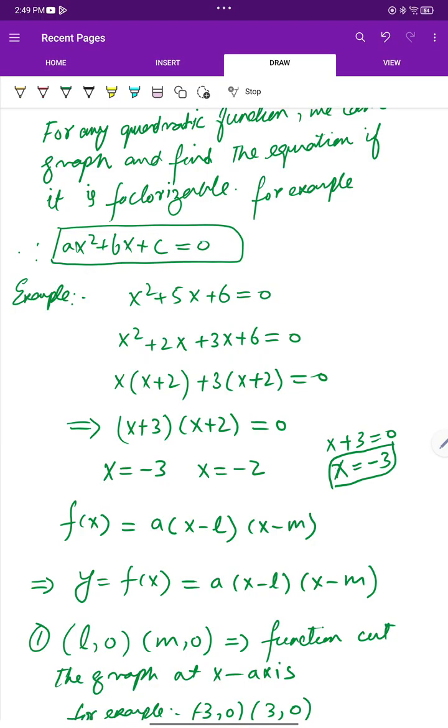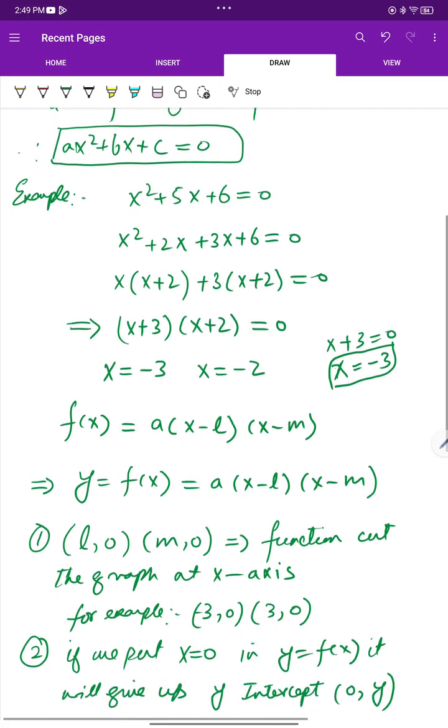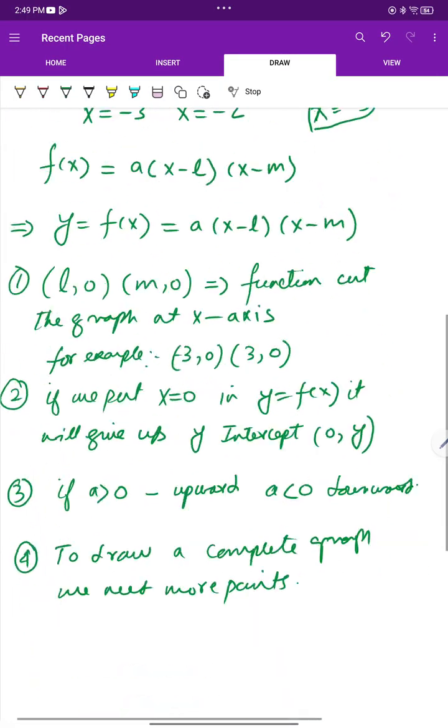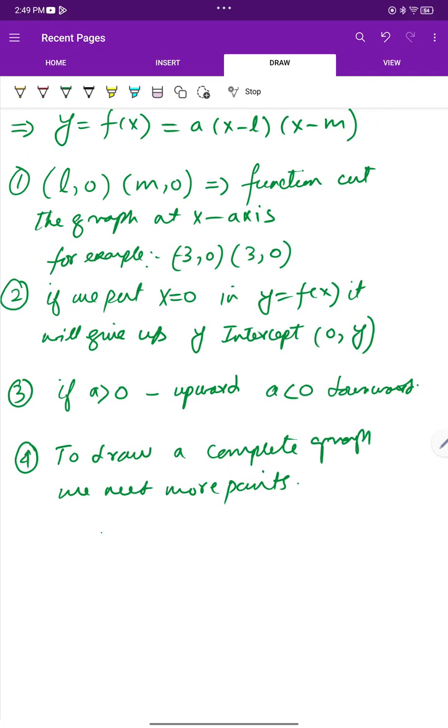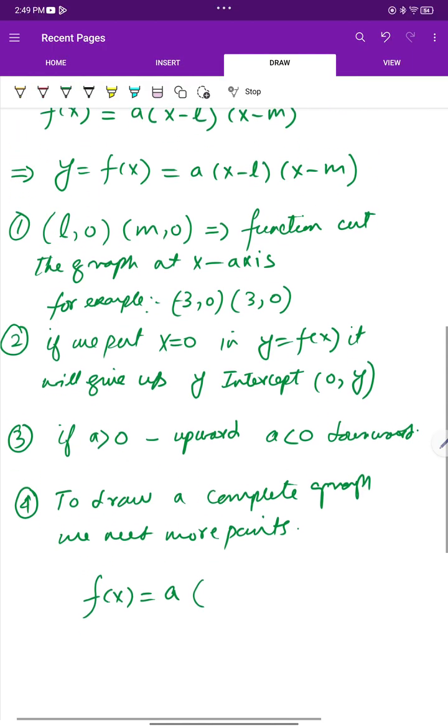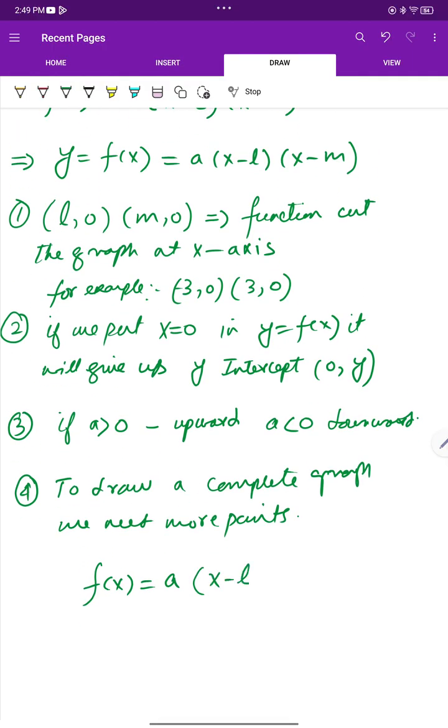If the quadratic function is factorizable, then we can use those factors to draw the graph, and we can also find the equation in a form like this: a times (x minus l)(x minus p)(x minus m).